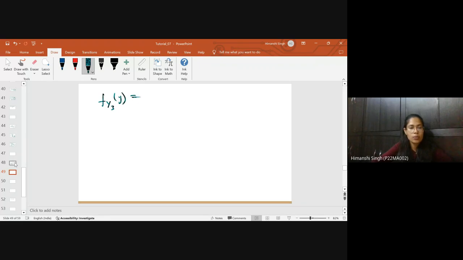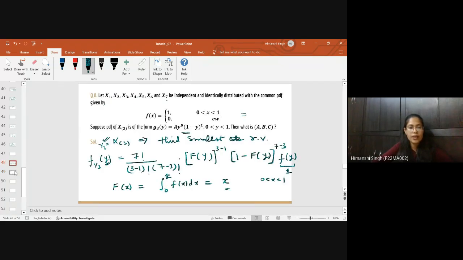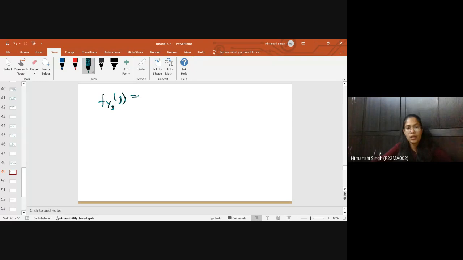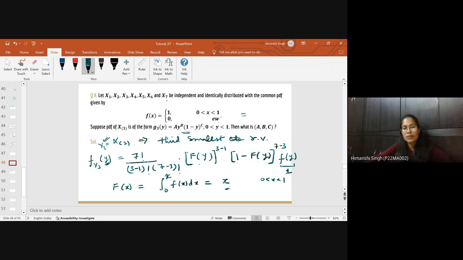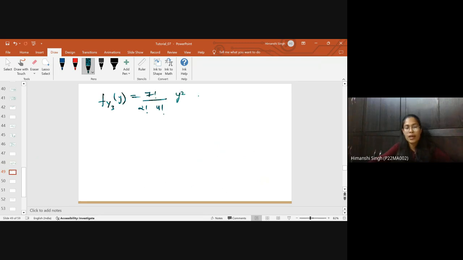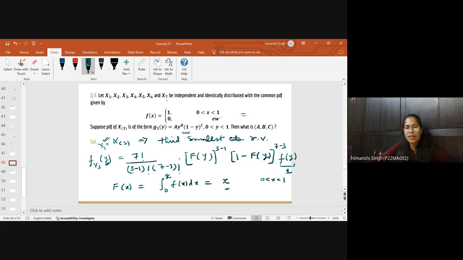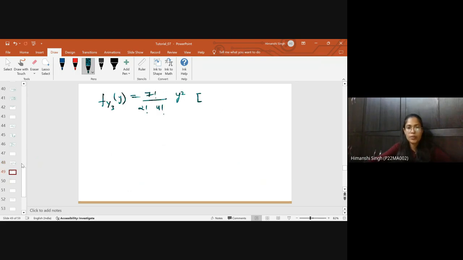So f of y3 of y is equal to 7 factorial divided by 2 factorial into 4 factorial, into F(y), so it will be y to the power 2, so y square, into 1 minus y to the power 4, and the density will be 1, where y is ranging from 0 to 1.